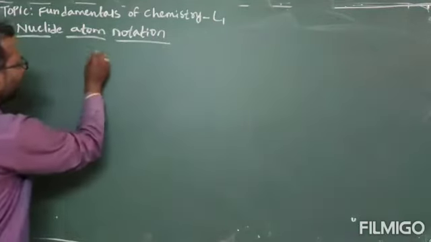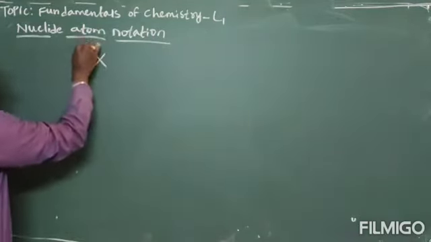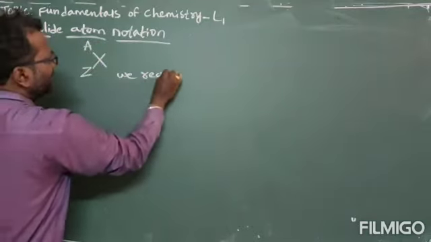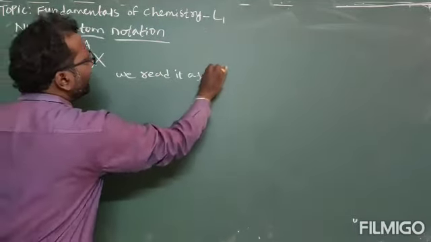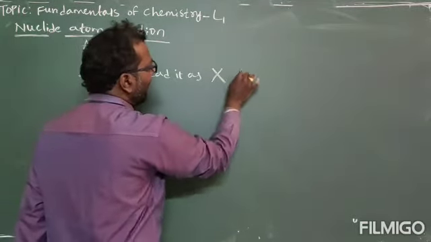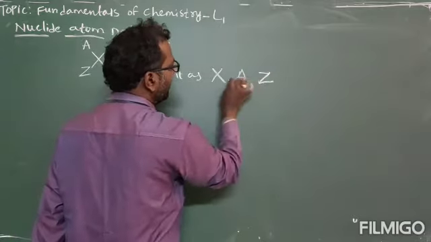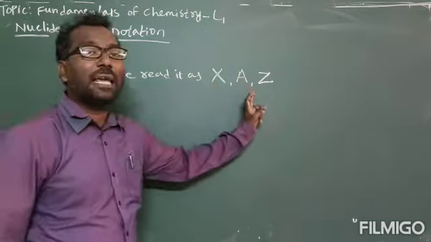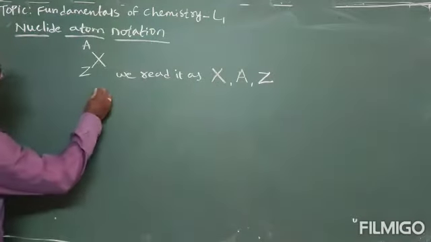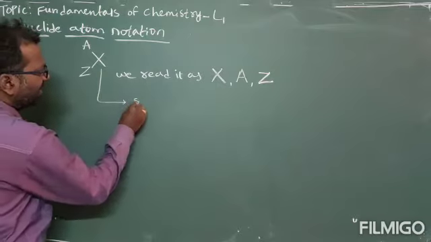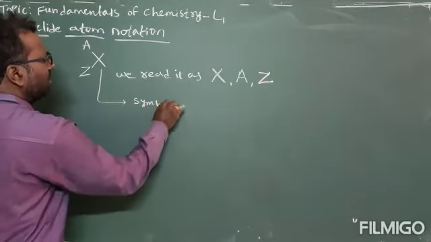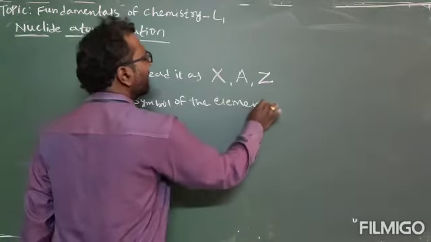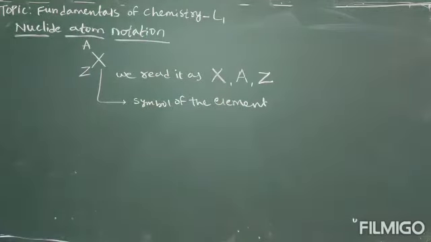For any element, it is represented as X with A and Z. How will you read it? X, A, Z. What is X? X represents the symbol of the element.